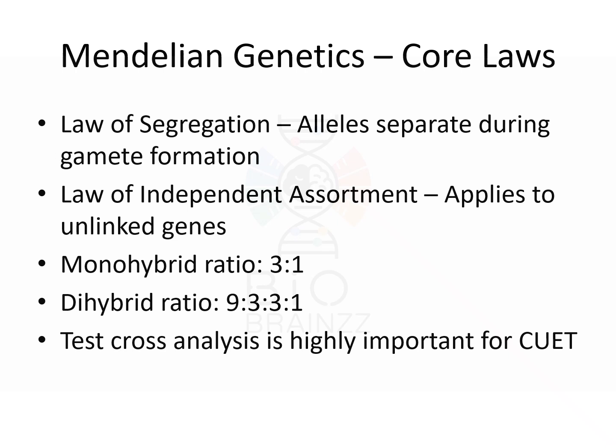These laws explain common ratios like 3:1 in monohybrid crosses and 9:3:3:1 in dihybrid crosses. Test crosses are especially important because they help in identifying unknown genotypes.